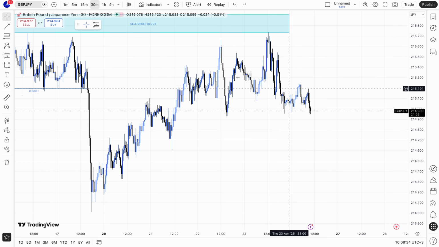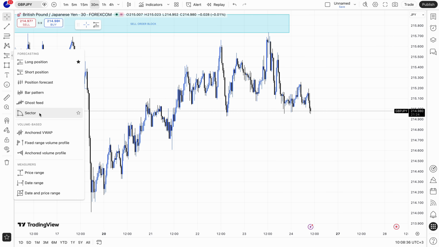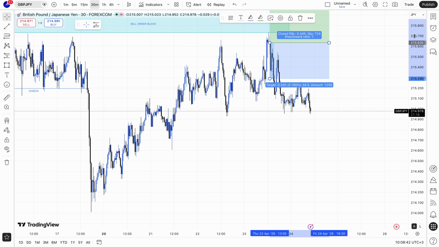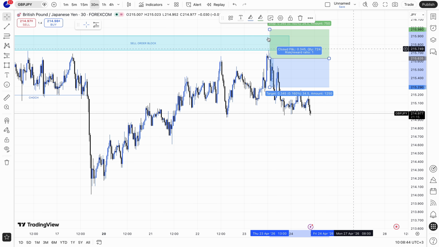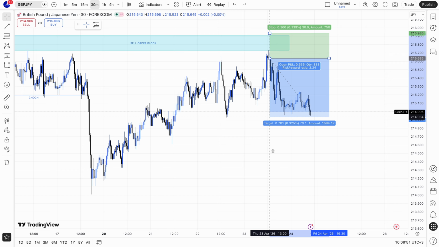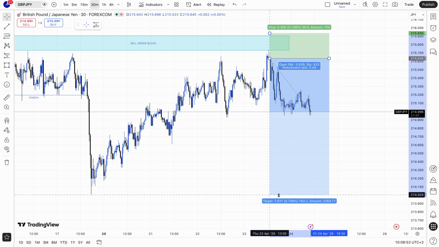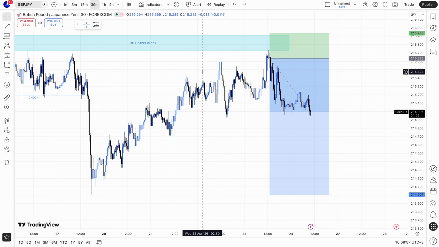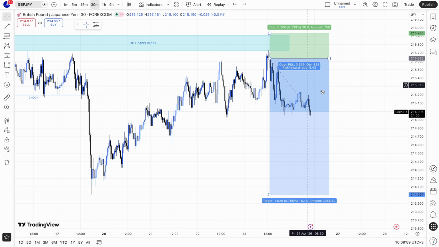You got our confirmation from there, and this was our clean entry. Our stop loss just at a pip stop loss, and our main target is here with the 5 risk reward, and now holding around 63 pips into profits.